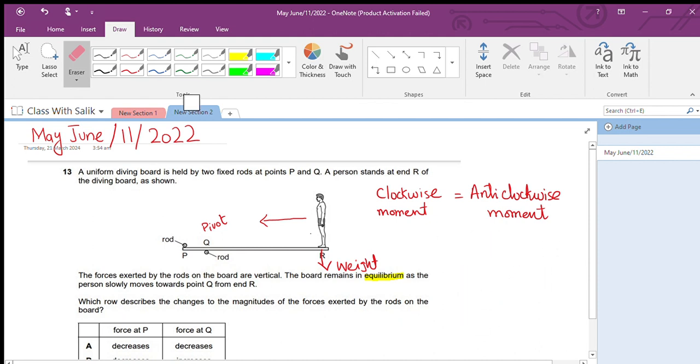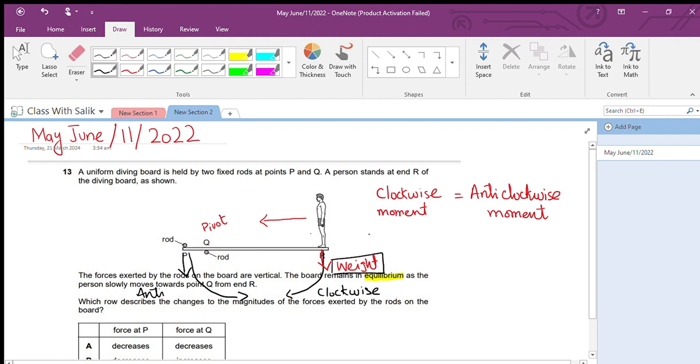Alright, so now we have two forces. One is this one, which is like weight, and it is acting downwards, so it is causing a clockwise moment. Then we have another force acting at P, which is acting downwards, and it is creating an anti-clockwise moment. First we will write the clockwise moment in terms of force and distance.